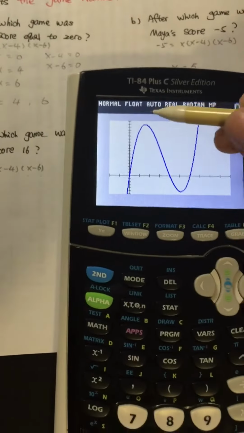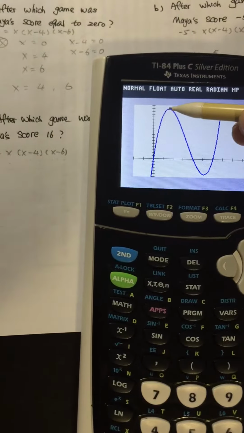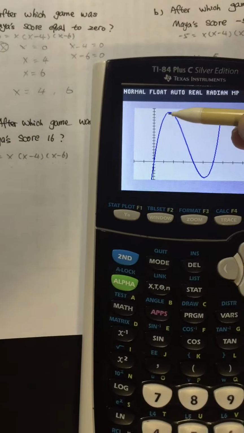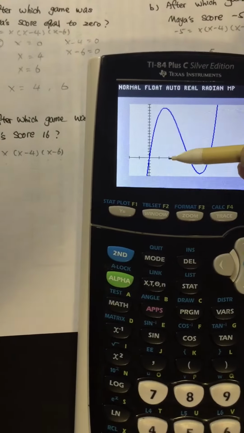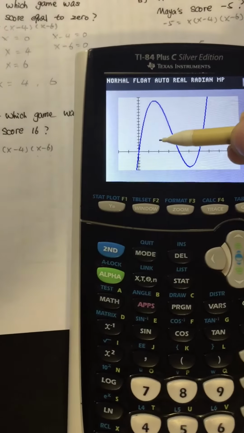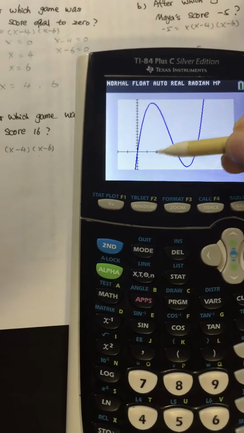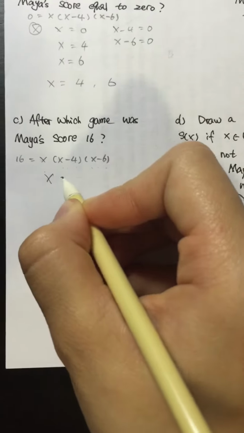When y equals 16, what is the answer of x? We can know that when y is equal to 16, x is 2. So the answer for the third question is x equals 2.